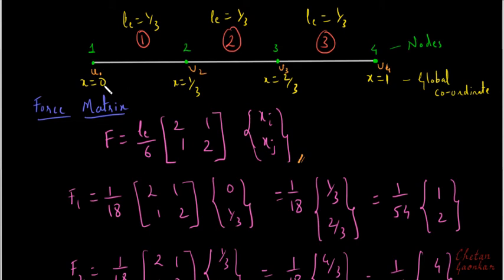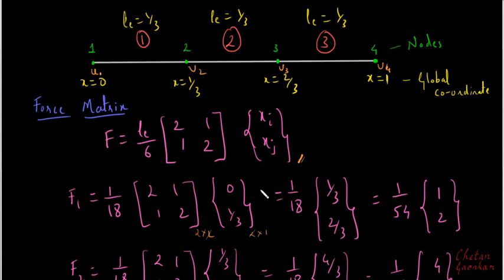So in place of xi I will have to substitute 0, and in place of xj I will have to substitute 1 by 3. Now if I multiply this matrix with this matrix, this is 2 by 2 and this is 2 by 1, I should get a matrix of 2 by 1 again.